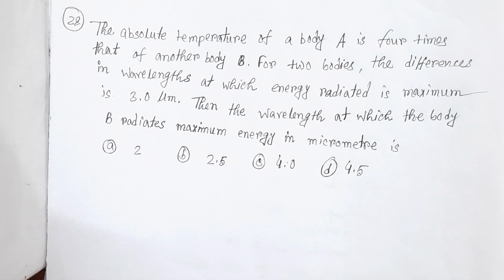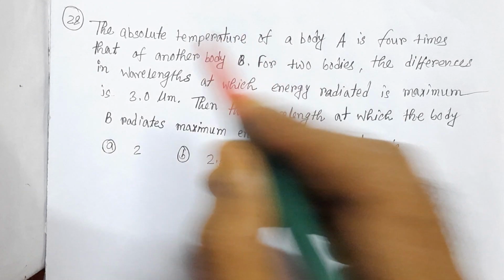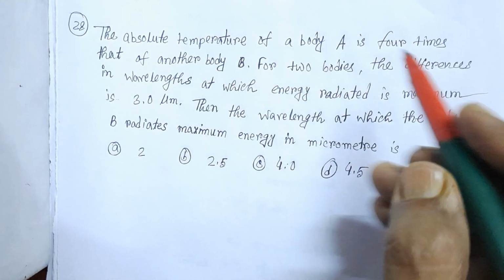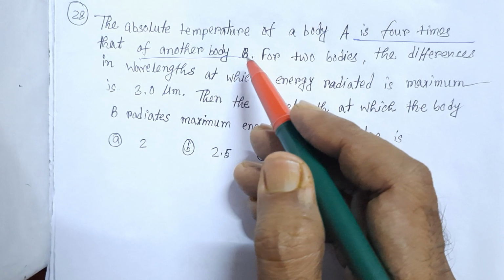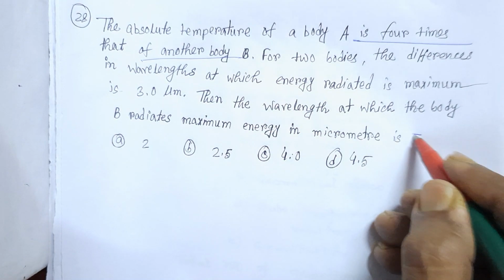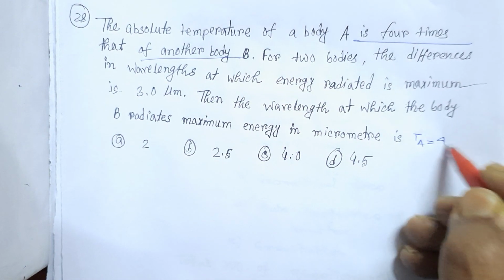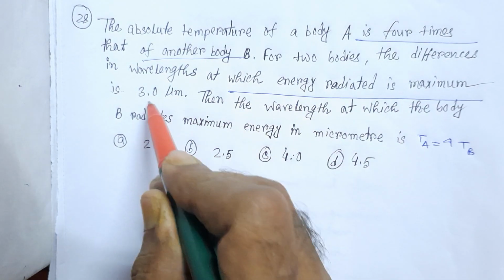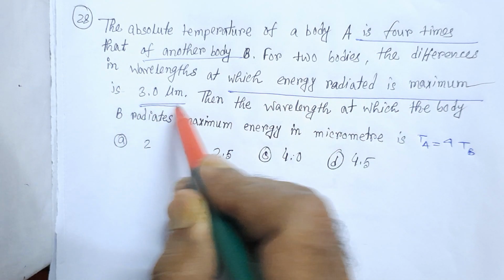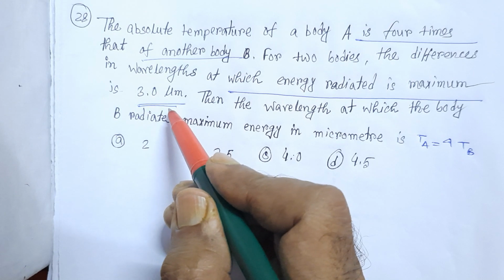Now let us take question number 28. In question number 28, we see that the absolute temperature of a body A is 4 times that of body B. So temperature of A, TA, equals 4 into TB. The difference in wavelengths at which their energy radiated is maximum is 3 micrometer.